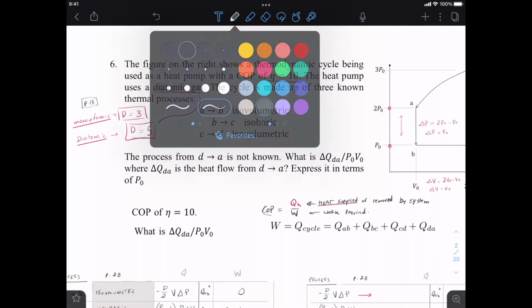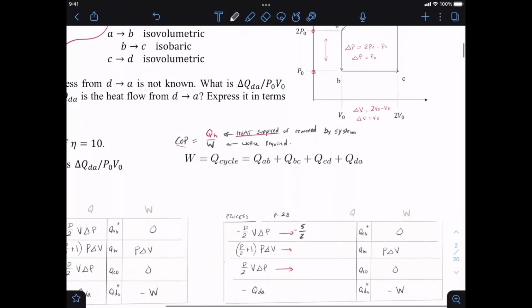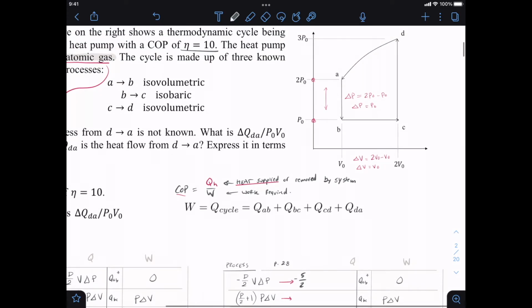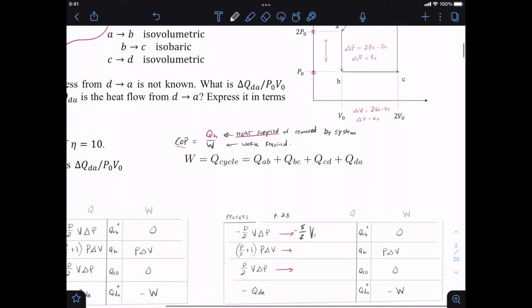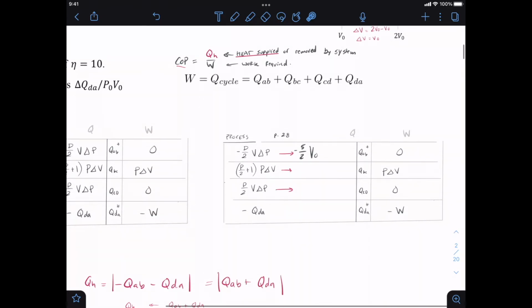So we plug in 5 over 2, and our volume from A to B is V naught, it doesn't change. So 5 over 2 V naught, and then what is our change in pressure? As we go from A to B, our pressure changes from 2 P naught to P naught, so our pressure change delta P is equal to P naught.